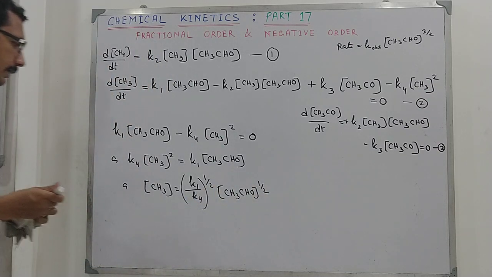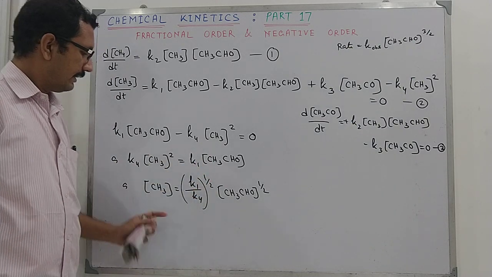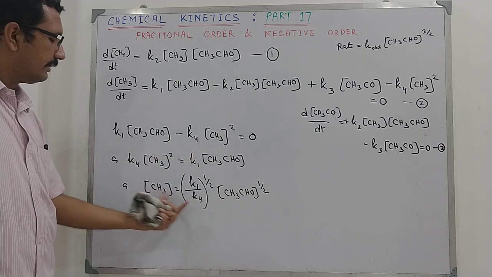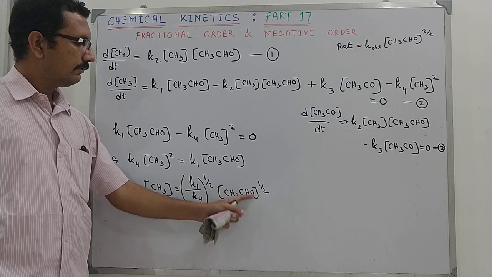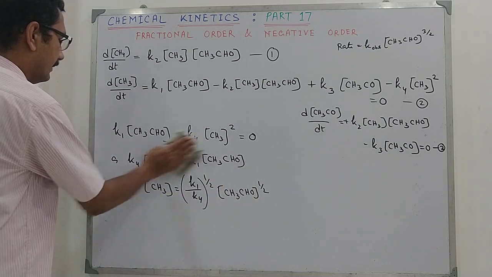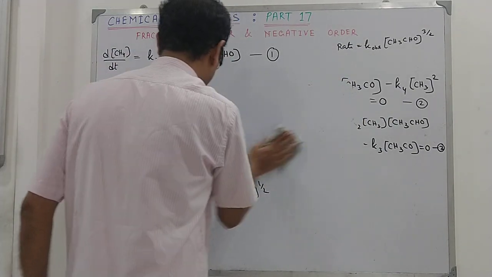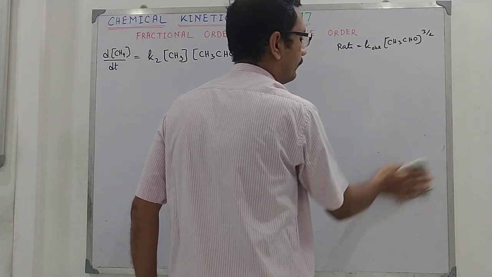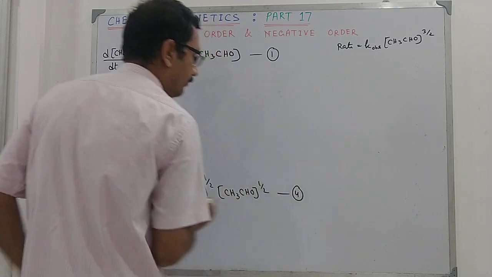When we take this K4 to the right hand side, it will be K1 by K4, and when we take a square root on both sides, we will have [CH3] equals K1 by K4 to the power half into [CH3CHO] to the power half. Now we have the value of the methyl radical. We put it in equation 1. So this is equation 4.